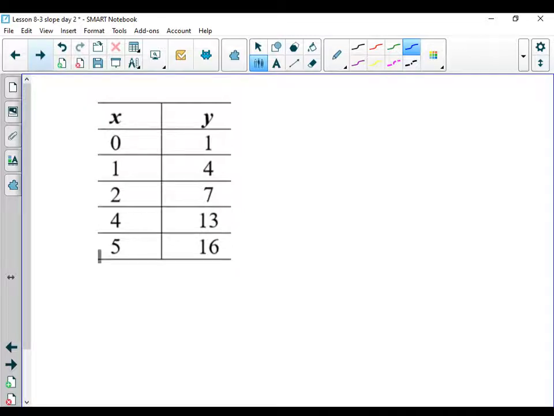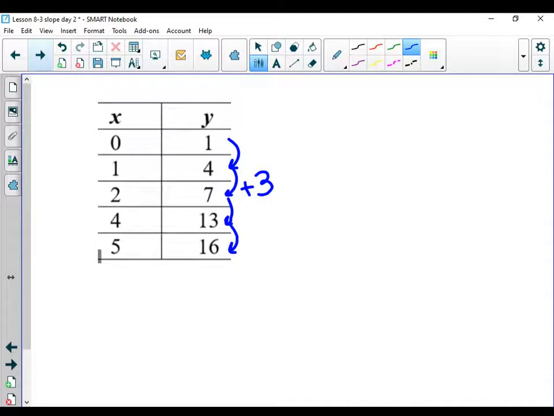If they work 1 hour, now they have $4. This is interesting. It keeps on going up by 3. Every time it's 3 more. We're calling it dollars. We don't know for sure.